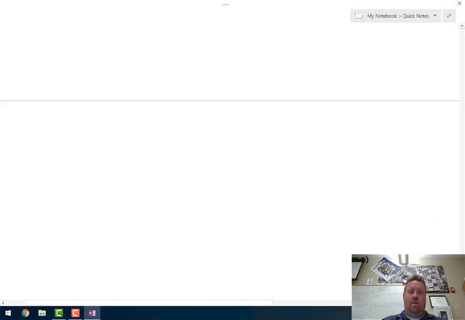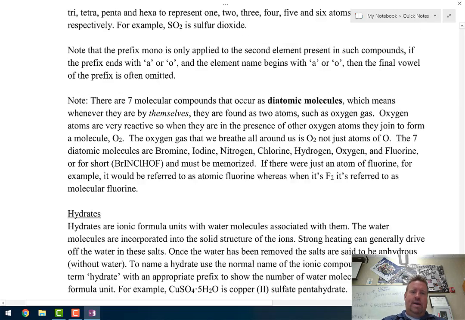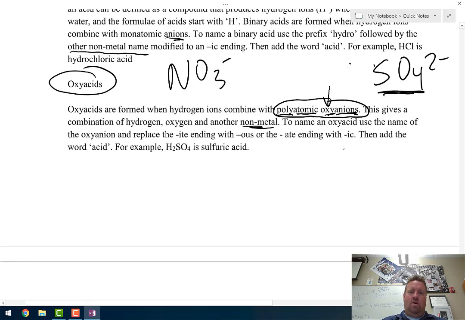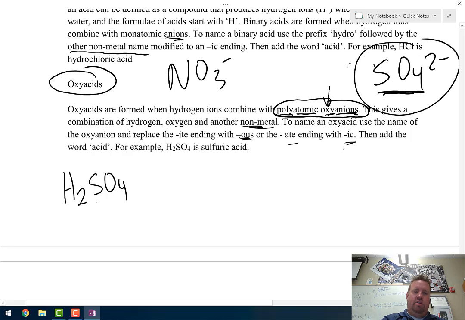What I meant is, the ITE becomes OUS, the ATE becomes IC. For example, if you have H2SO4, like sulfate up there, so that is sulfate. If it ends in ATE, sulfate, it becomes IC.